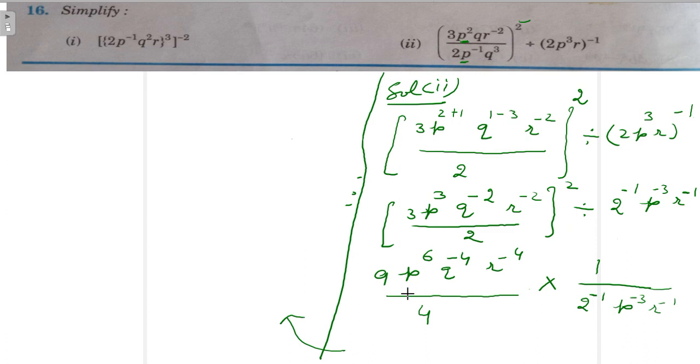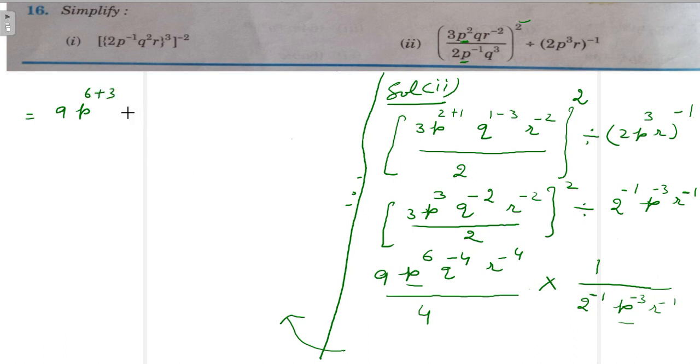So this 9p, so this is p, this is also p, it is minus, it will go above and become plus. 9p equal to 9p raised to power 6 plus 3.